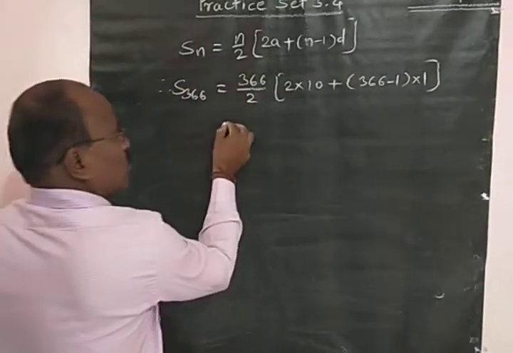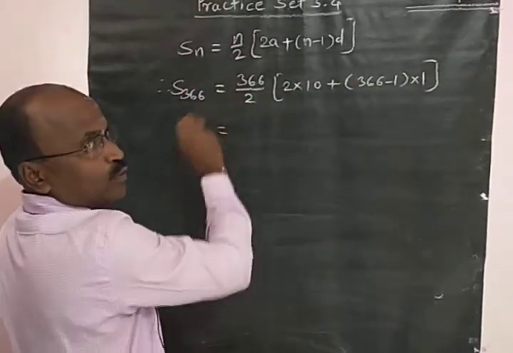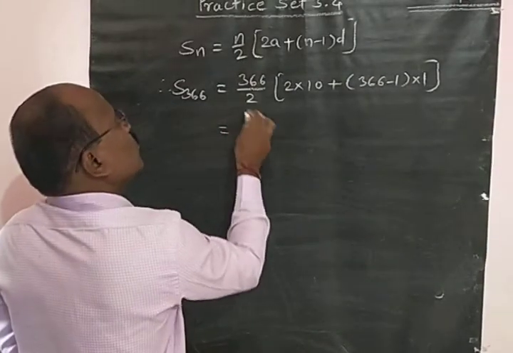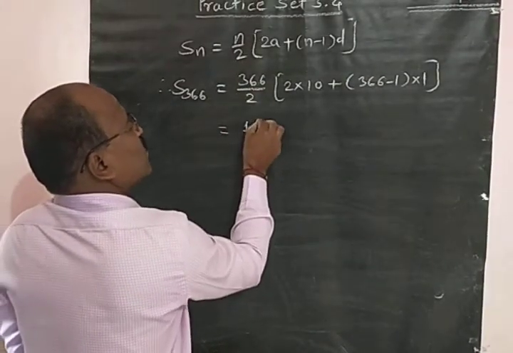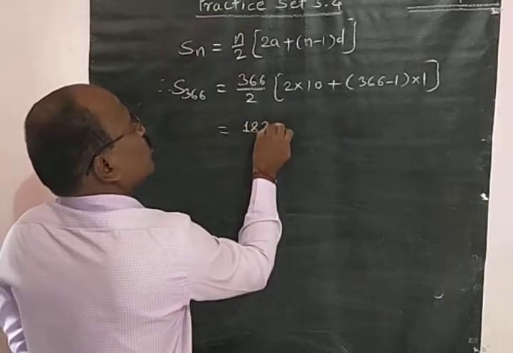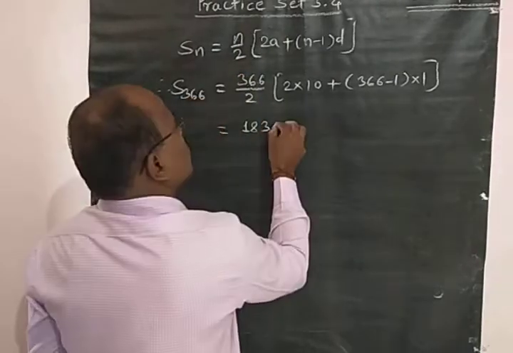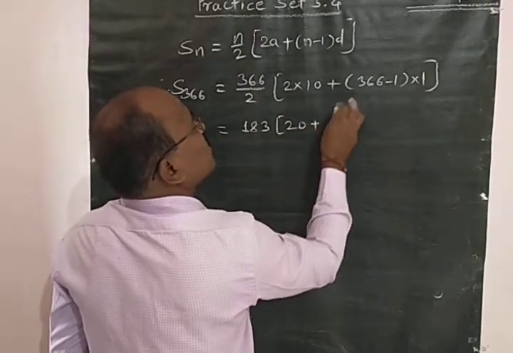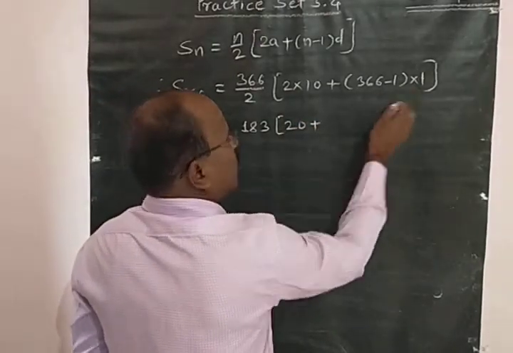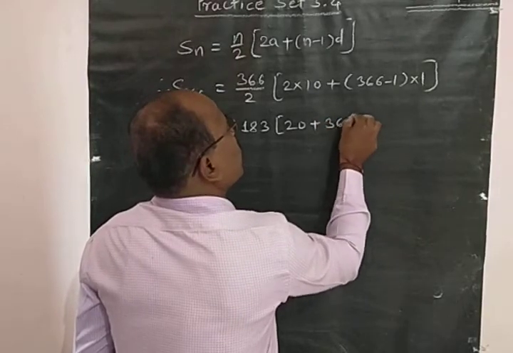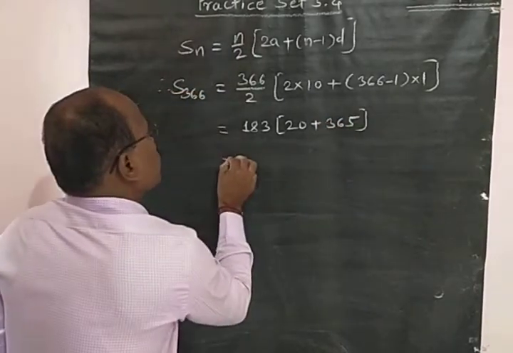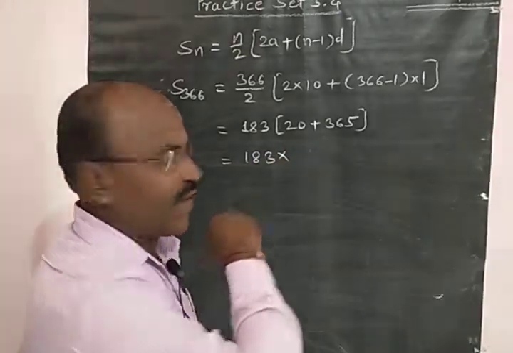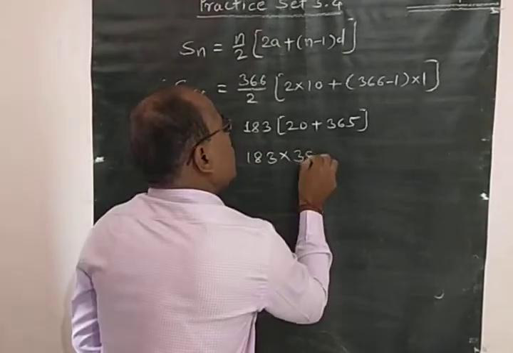Now that is equal to 366 divided by 2 is 183 into 2 into 10 means 20 plus 366 minus 1 into 1, 365, that is equal to 183 into the sum of 20 and 365 is 385.